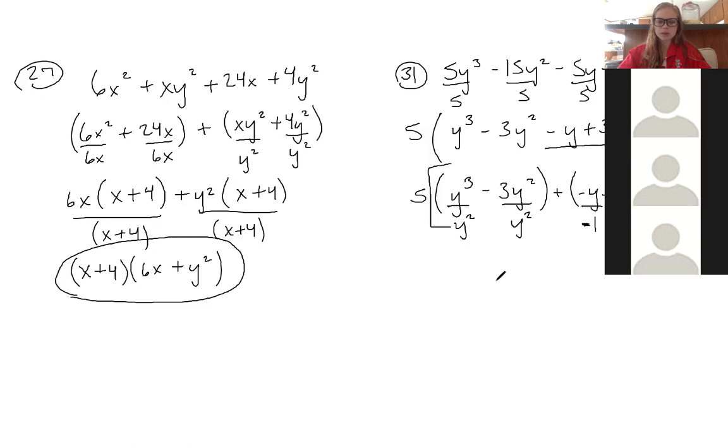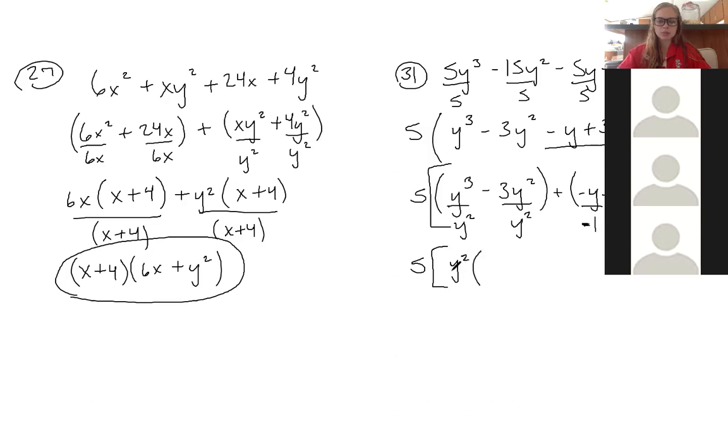Okay, what's my next line going to be? 5 times y minus 3. What did you pull out? So the y squared doesn't just cancel out, it gets factored out.